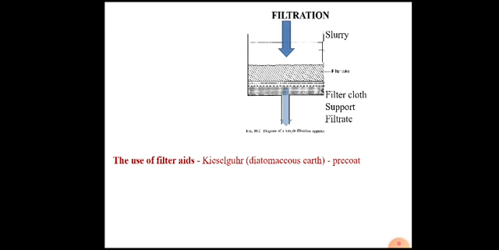Now the major problem in this type of filtration is the resistance to flow. If the fermentation broth slurry has a high content of solids, then the thickness of the filter cake will increase and it will block the pores present in the filter cloth.